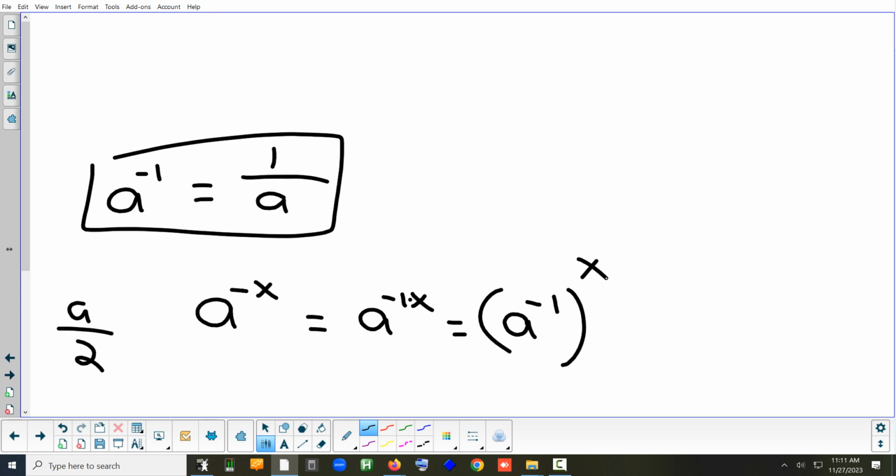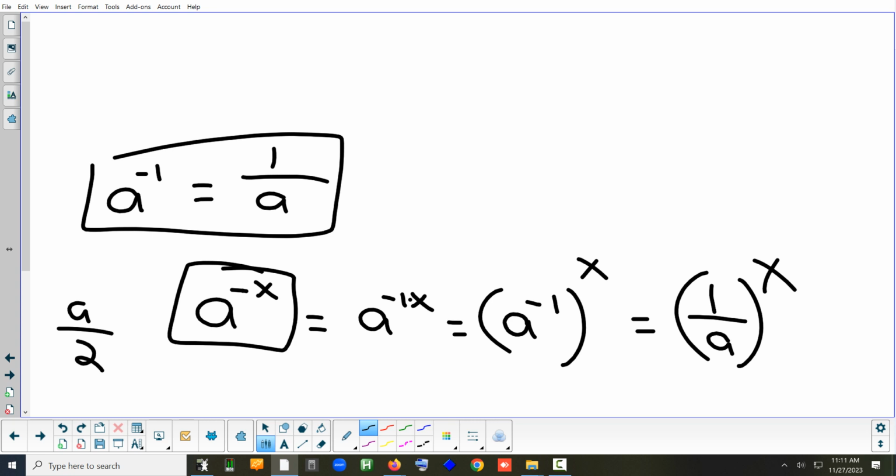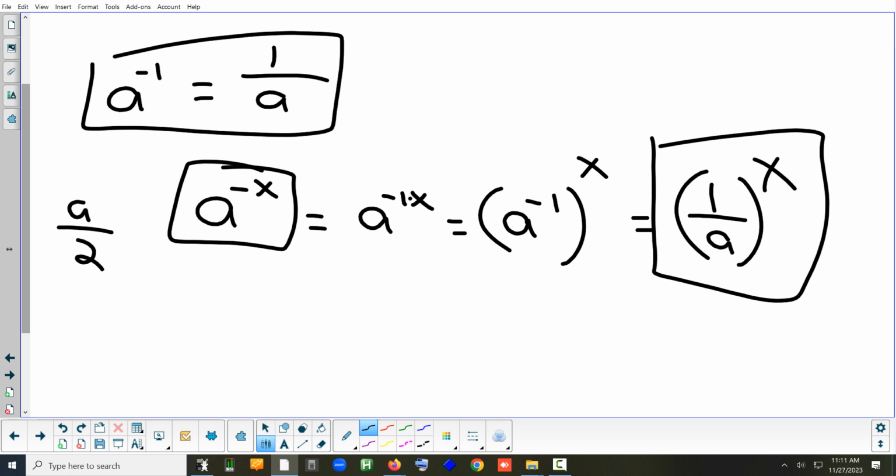Now, if you were going to simplify it, you multiply negative 1 times x together. But this, we can now get rid of the negative exponent because we just said what that is. What's a to the negative 1? 1 over a. It's 1 over a. So to get rid of a negative exponent, you change that into that. So let's say I gave you 2 to the negative x. What would that turn into so that this negative goes away?